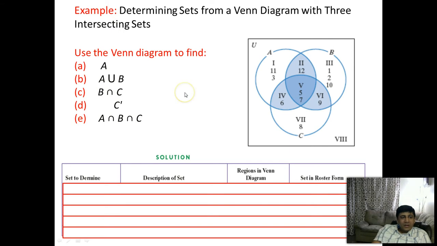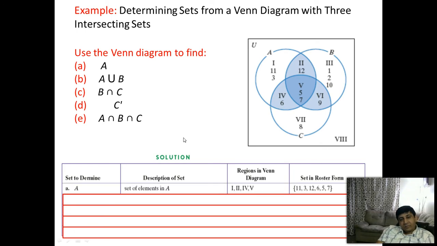The solution will be given in the form of this table, which we'll fill in slowly. It will explicitly represent what we are trying to do, what it means, and where it is located on the Venn diagram.